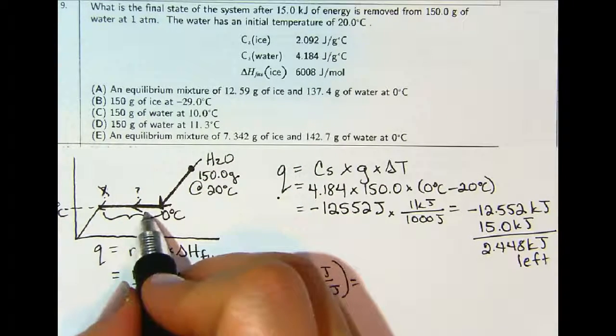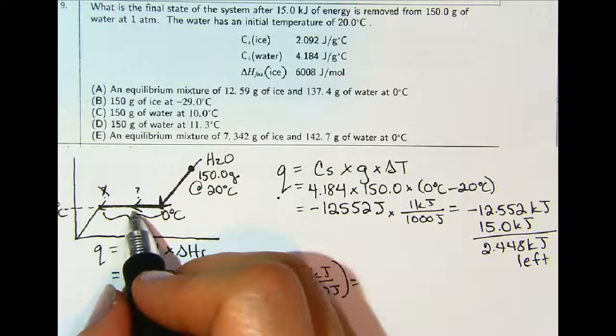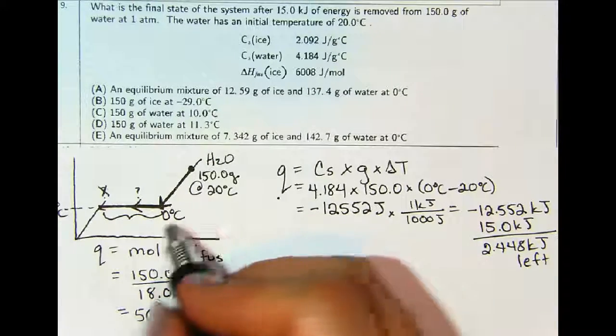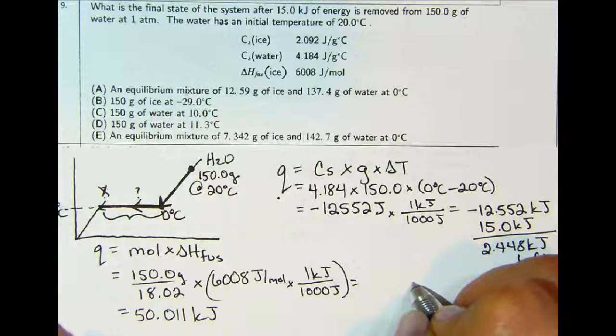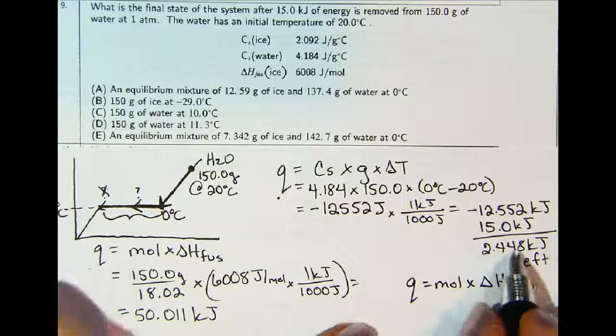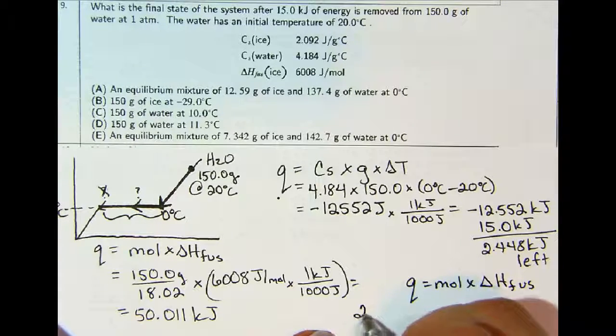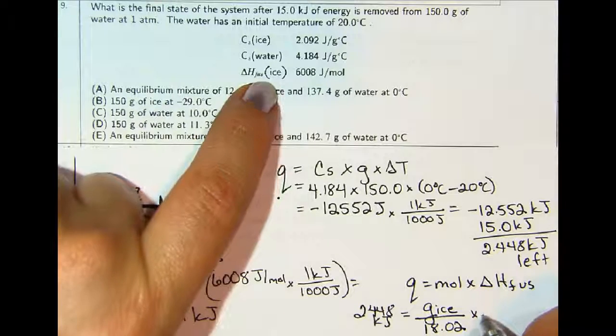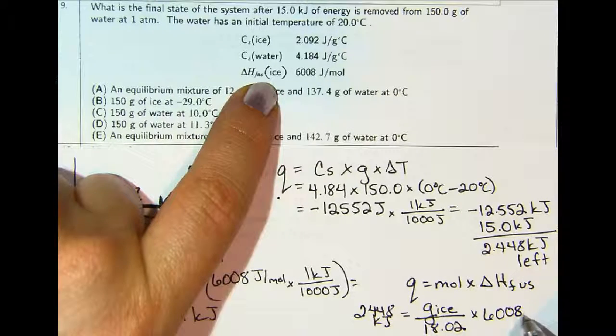So now the question is, all right, well, it's only going to freeze some of the water, and how much of it is going to become ice? So I can take the amount of energy and use it with the equation, again, Q equals moles times delta H of fusion. And I know that we're going to only use up 2.448 kilojoules of energy is equal to how many grams of ice will I form, the mass is 18.02, times the delta H of fusion, which is 6,008 joules.